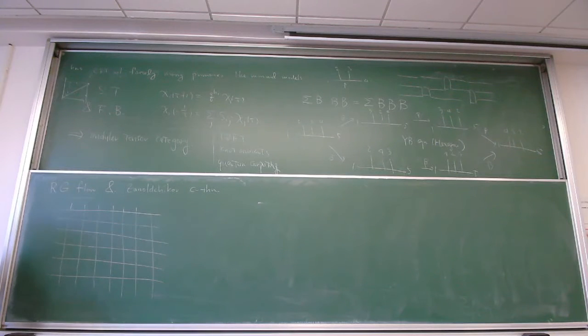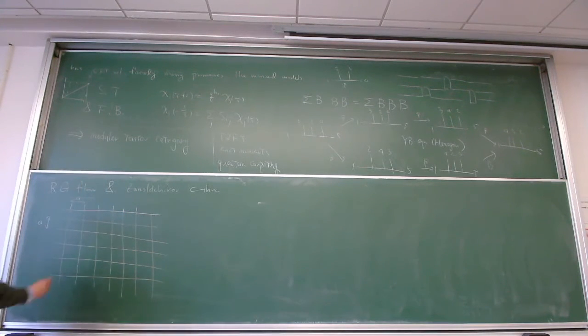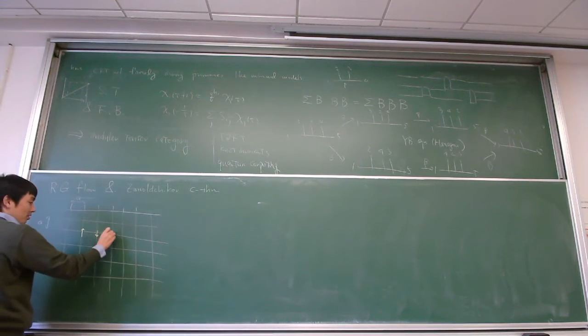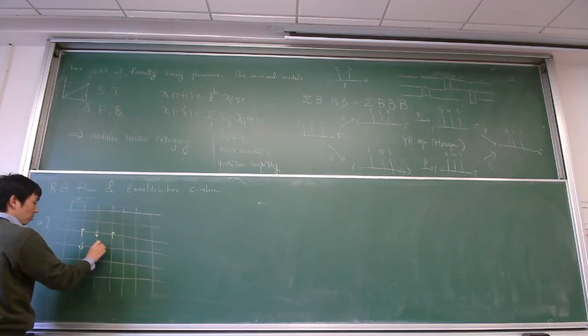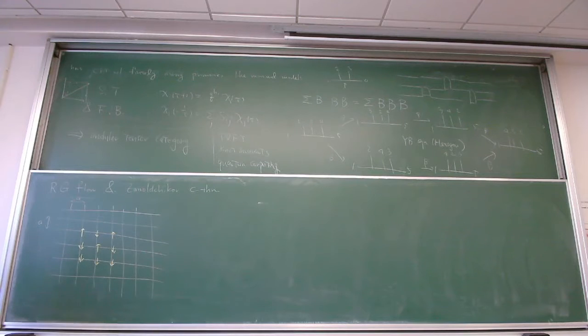Let's start with a lattice with spacing a, each side with spacing a, like this way. For the spin variable, we just consider sigma_i.